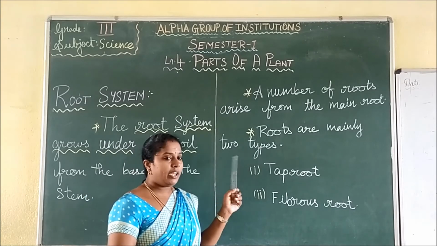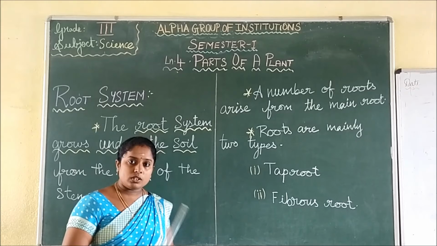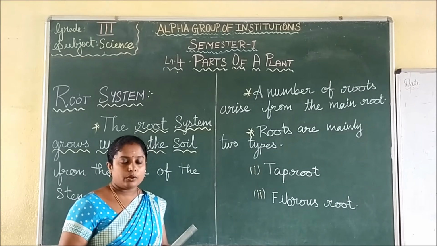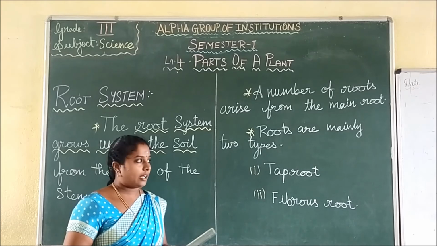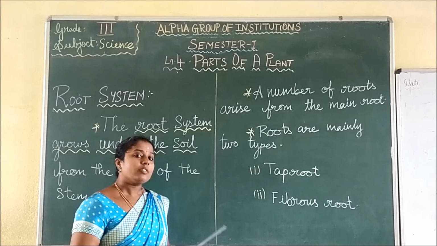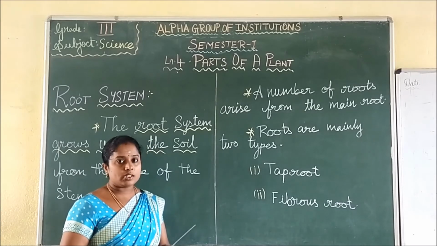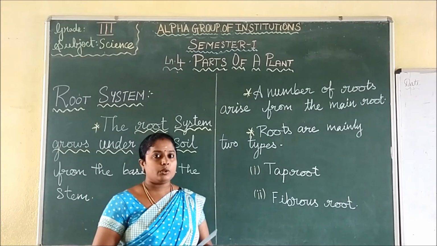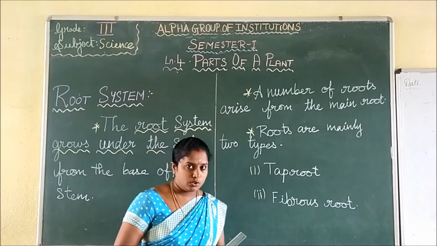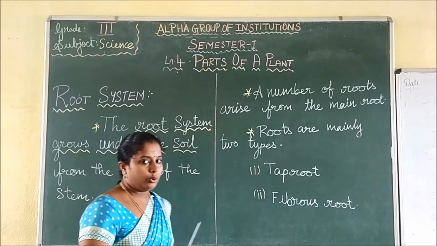The roots are mainly of two types. The root system is classified into two main categories: taproot and fibrous root.